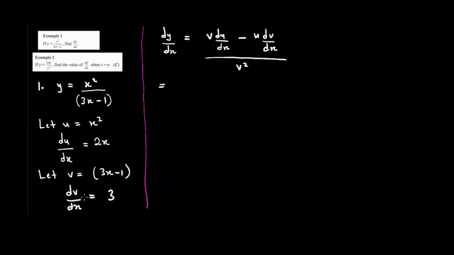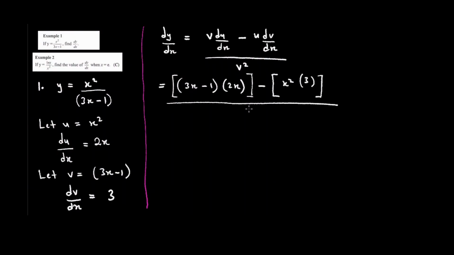V ndiani, v is bracket 3x minus 1 times du dx, which is 2x. And I always prefer to use these boxed brackets in the event I must solve within the bracket first, minus what is u, x squared, multiplying dv dx, which is 3. This is over what? V squared. What is v? 3x minus 1 squared.